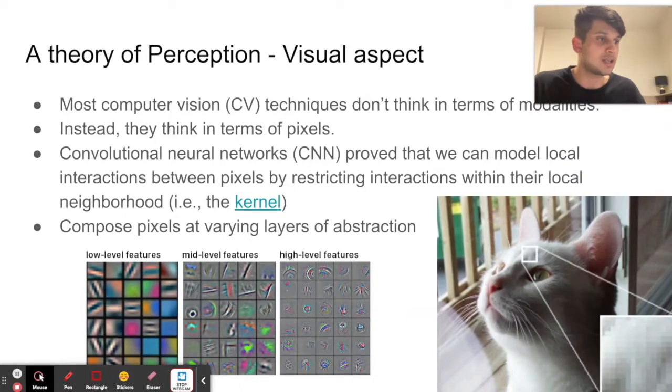Despite all of these, we still shouldn't ignore pixel-based approaches. Convolutional neural networks, which is CNN, proved that we can model local interactions between pixels by restricting interactions within their local neighborhood, which is the kernel. So this allows us to compose pixels together and learn visual parts. A CNN can learn how to compose pixels at varying layers of abstraction.